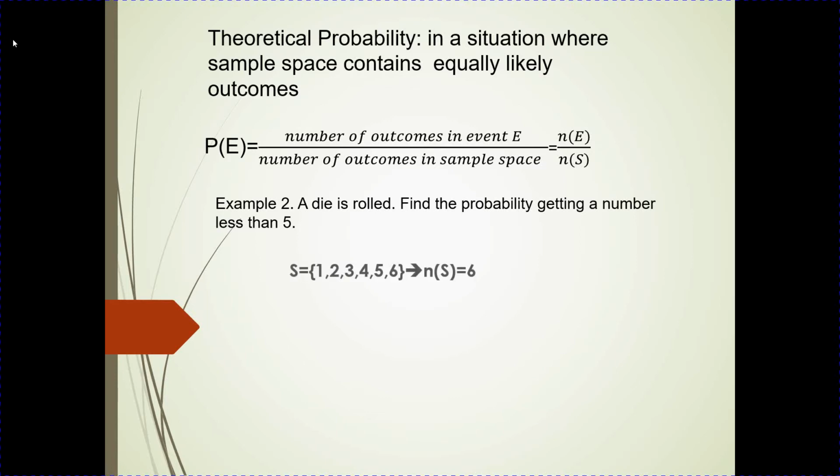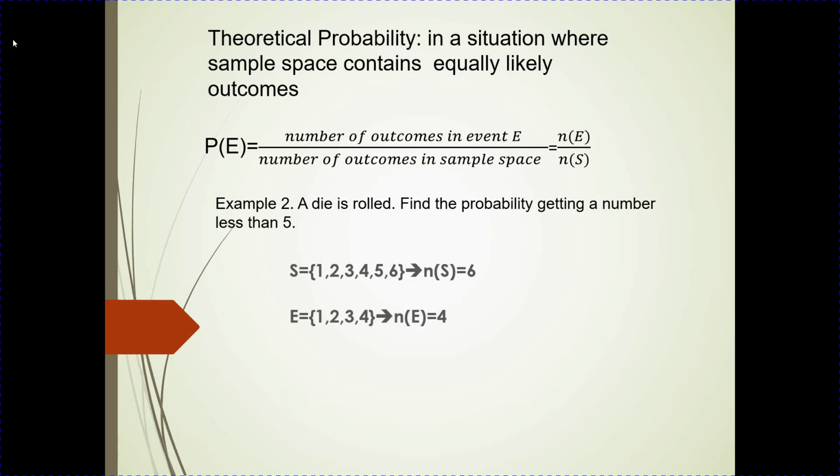So our sample space will be from 1 to 6, so the number of outcomes in the sample space will be 6, and the event that you are looking for is a number less than 5. The numbers less than 5 are from 1 to 4, so the number of outcomes in the event will be 4.